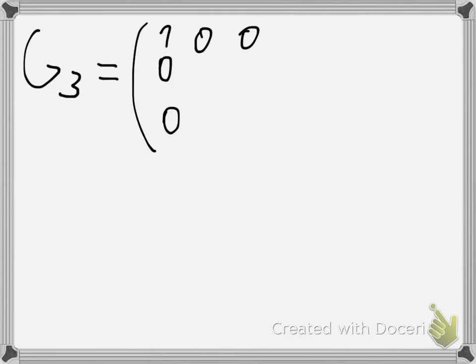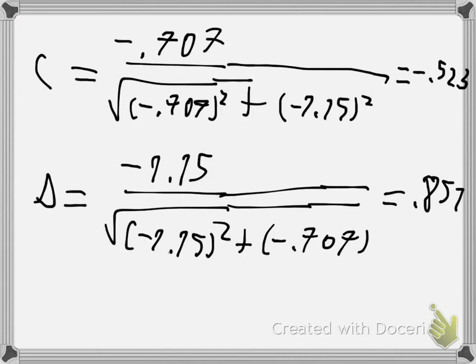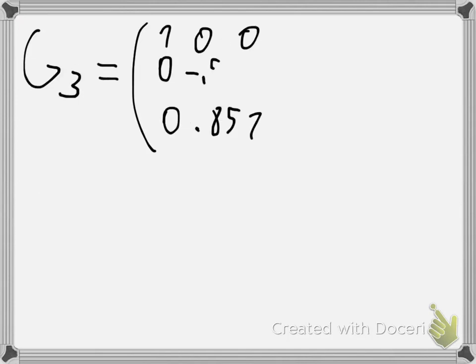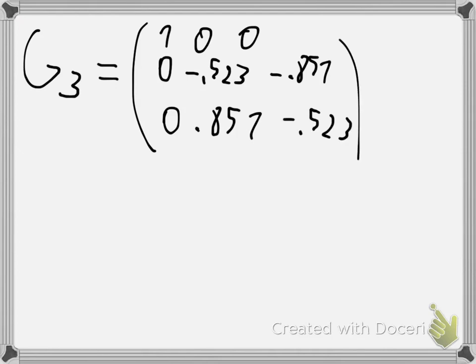Our minus sign will be in this place, so we have 0.851, minus 0.523, minus 0.851, minus 0.523.